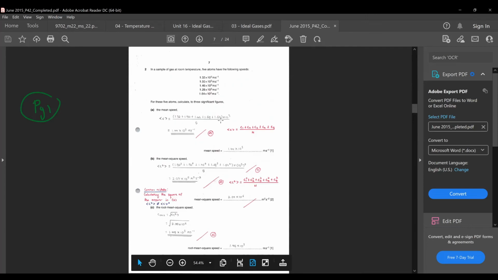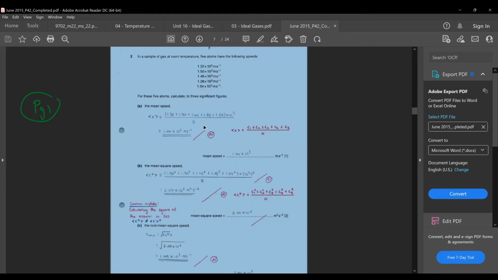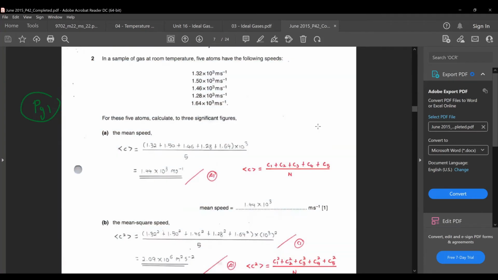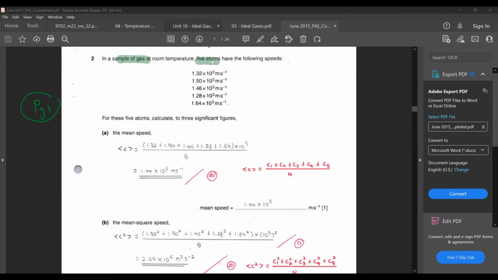All right, in a sample of gas at room temperature, 5 atoms have the following speeds. For these 5 atoms, calculate to 3SF, 3 significant figures is already stated here, the mean speed and the mean square speed.